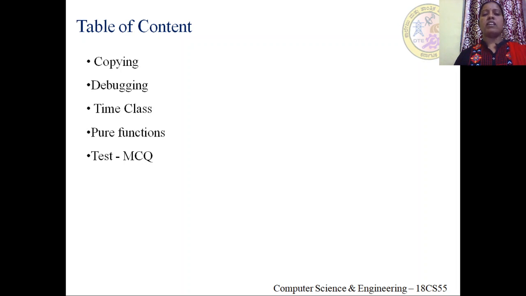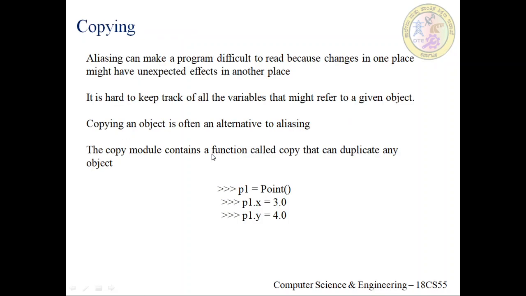I'm saying these are functions, not methods. First we'll see how functions use class objects by taking the time class as an example, and then we'll see pure functions, which are a type of function. And lastly, we are going to see some multiple choice questions as a part of our self-assessment. The first one is on copying.